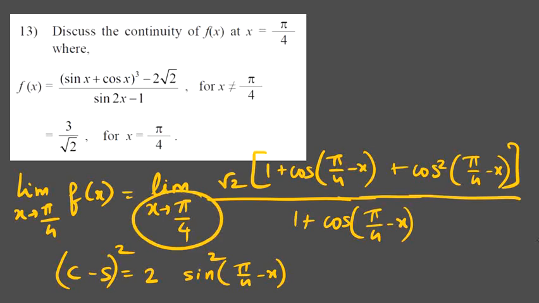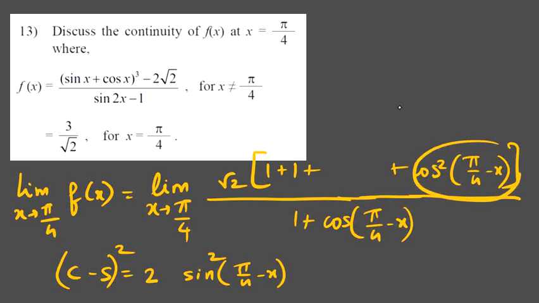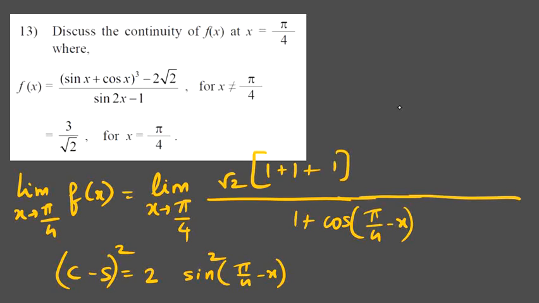Now when you put x as pi by 4 in the leftover expression here, so we have 1 plus cos 0, which is equal to 1 only, plus this will also be cos square 0, which is again equal to 1 square, which is 1. In the denominator this will be cos 0, which is again equal to 1, and 1 plus 1 in the denominator will be equal to 2.